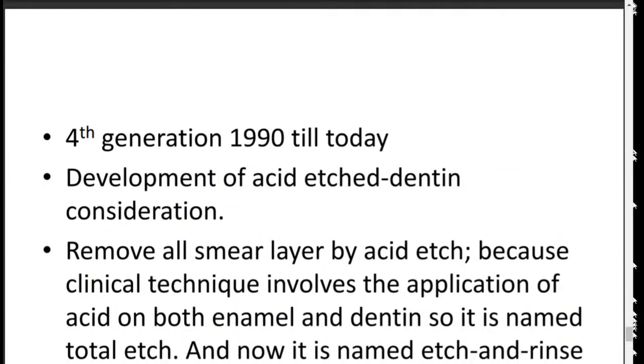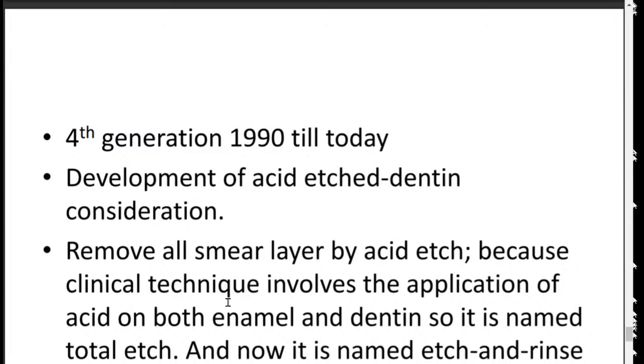Next is the fourth generation, 1990 till today, development of acid etching of dentin. Remove all smear layer, as we can see, by acid etch, because the clinical technique involves the application of acid on both enamel and dentin.